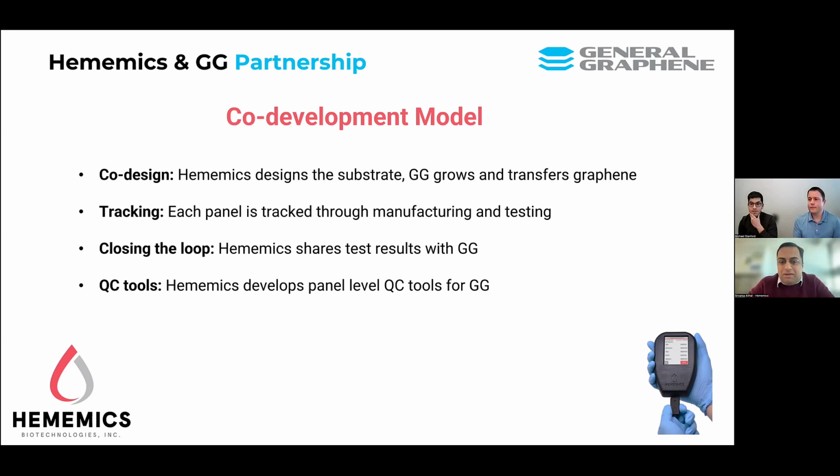That's how we have been closely working. They have been great partners for us, because as we develop an internal process, we try to leverage General Graphene's processes, and we give them feedback. Their processes can also help us. So that's how we mostly work.